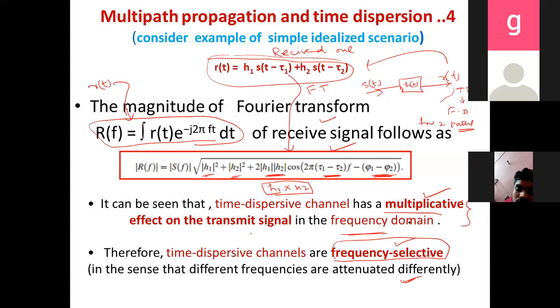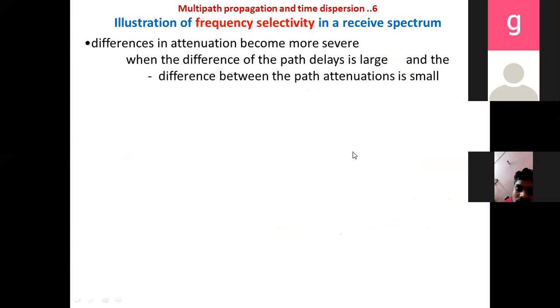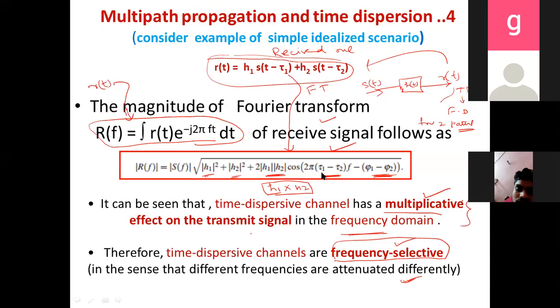Next, you can see this multiplicative effect graphically. Here you can see the differences in attenuation. H1 is the attenuation of the signal which arrived at the receiver with the tau1 delay.